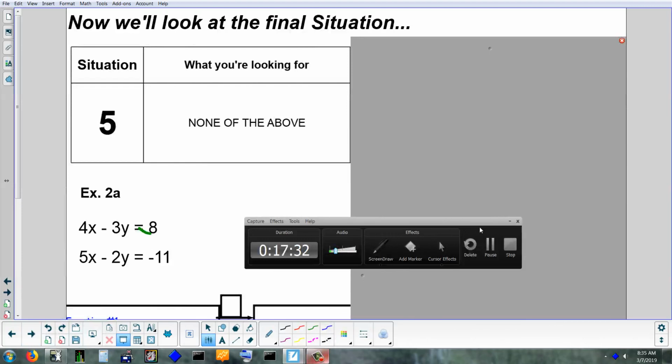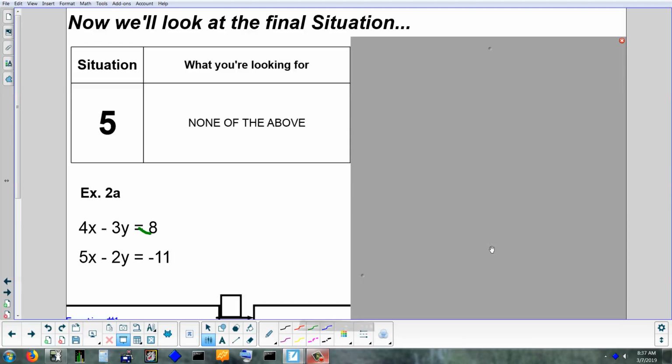So no same number, same letter, different sign, no single variable in both, no single variable in one, and no smaller variable that can be multiplied to get the bigger variable. So you've looked at the problem, gone through situation by situation, and none of the things are there. So now you're at situation 5. All right?